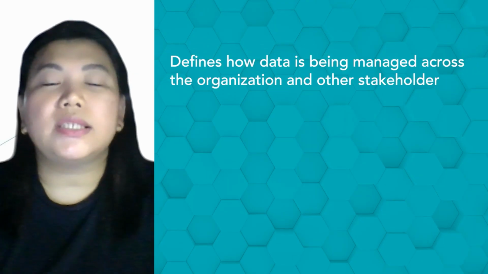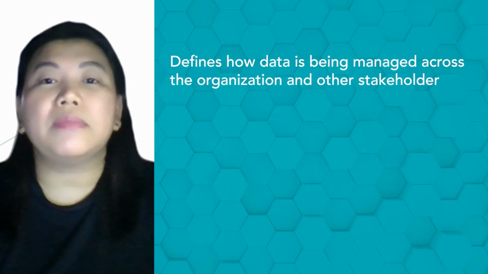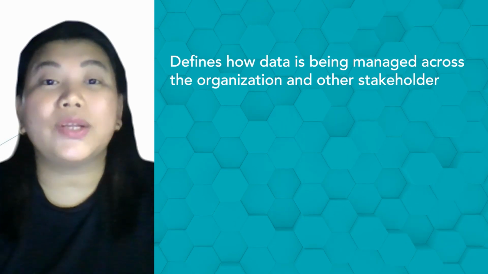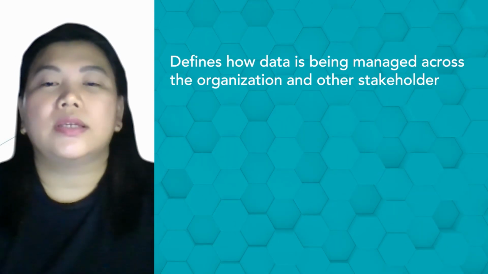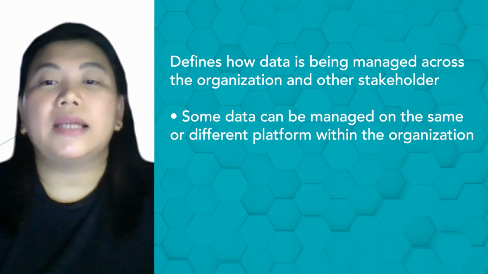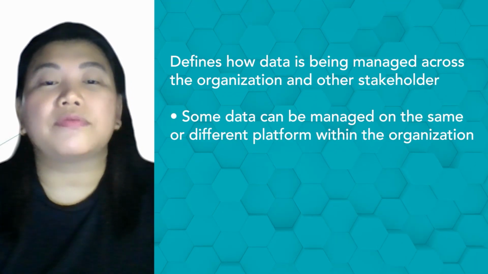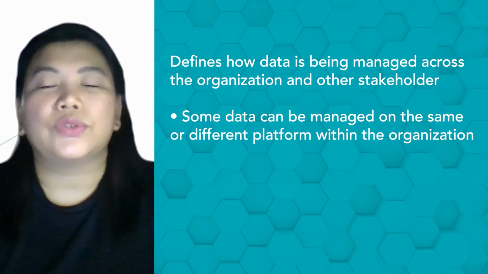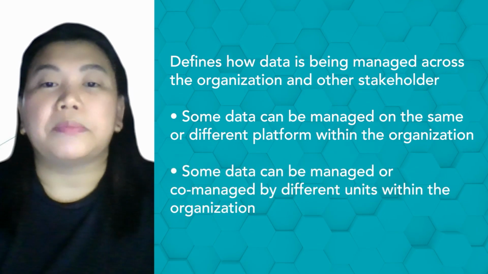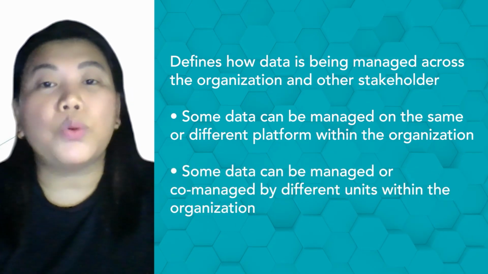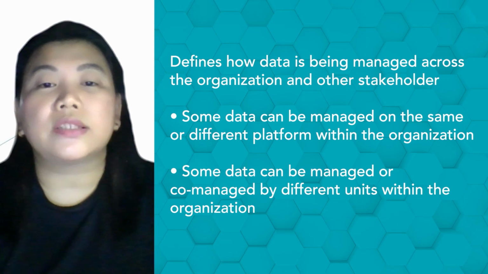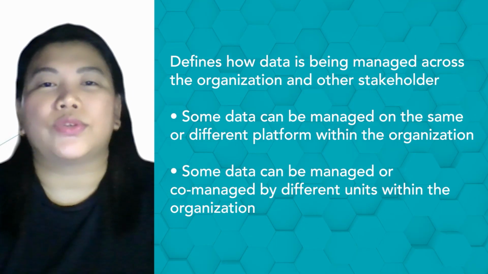Data management policies define how data is being managed across the organization and other stakeholders. Some data can be managed on the same or different platforms within the organization. Some data can be managed or co-managed by different units within the organization.